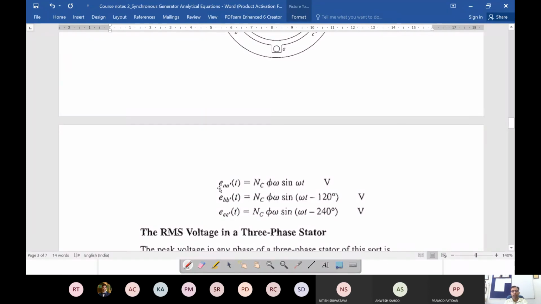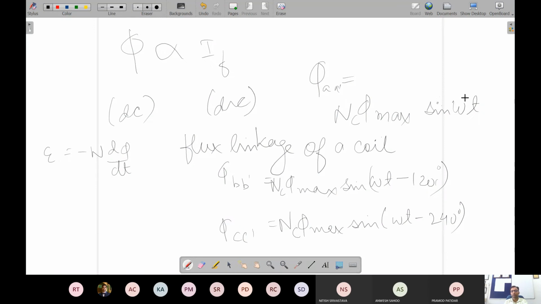For EAA dash, I put the N here. If you take the total flux linkage, then the N will not come two times. Either you multiply it in the flux linkage, or, if you're just talking about one turn of the coil, then you account for N here. Either way, you put it here or there.